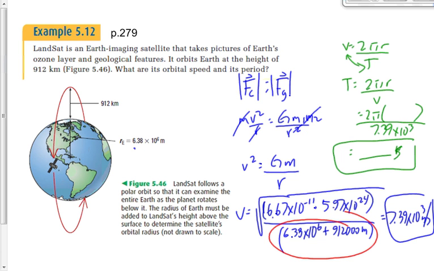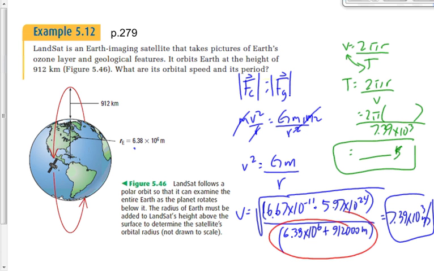We weren't given the distance from the center of the Earth to the satellite, and we were in all of our other questions. This time we're given the distance above the surface of the Earth to the satellite. Okay, we have to remember always that when you're dealing with gravity, you're always talking about the center of one object to the center of the other object. So if you're only given the distance from the surface, then you got to add the radius to that. That make sense?